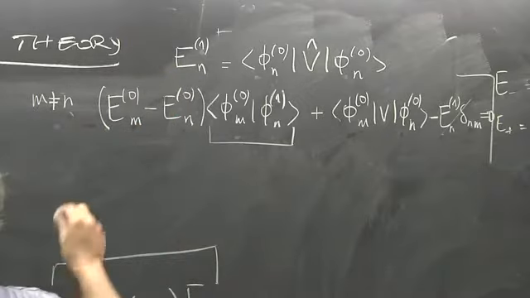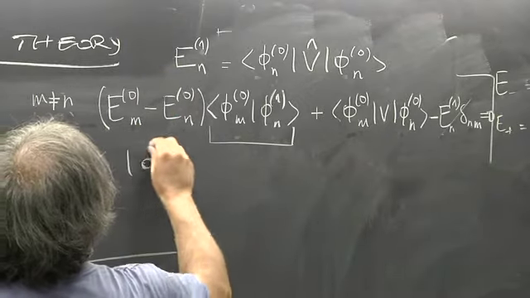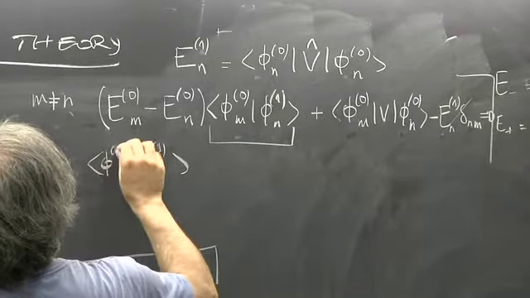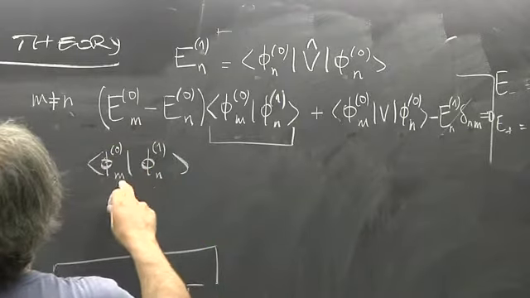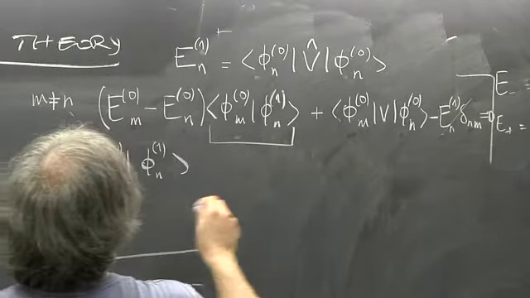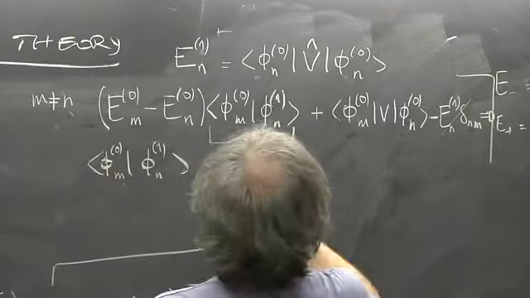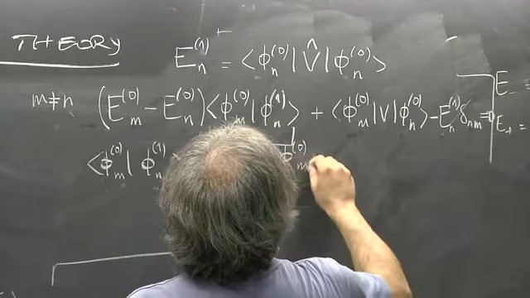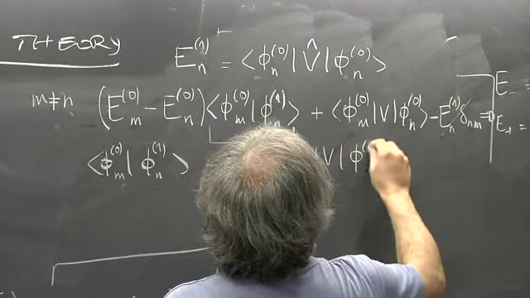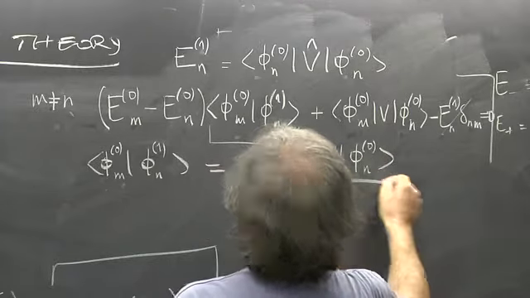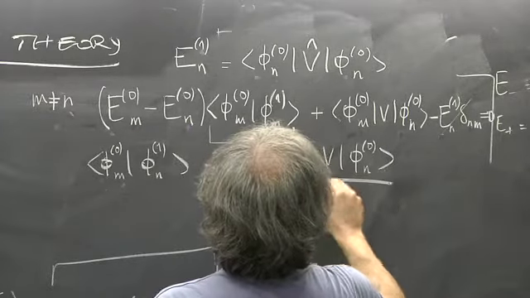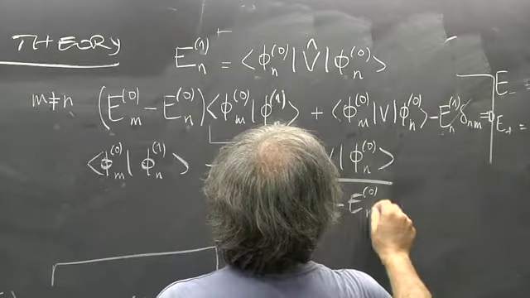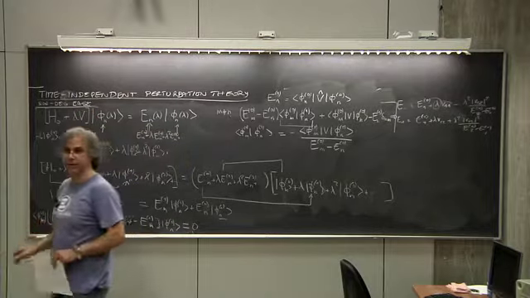Now, this tells me that the first correction to the state, phi 1 n, its projection on the state m, generic m different from n, is equal to what? Is equal to minus phi 0 m V phi 0 n divided by the energy denominator that I can drop down here, because I know that I'm doing the non-degenerate case where these things are all different, okay?